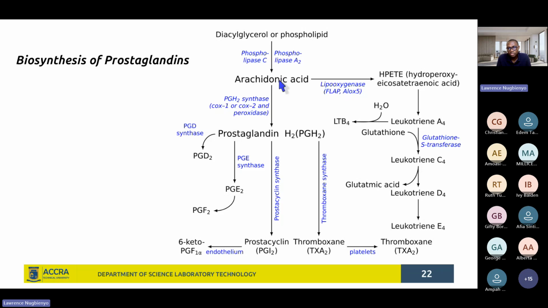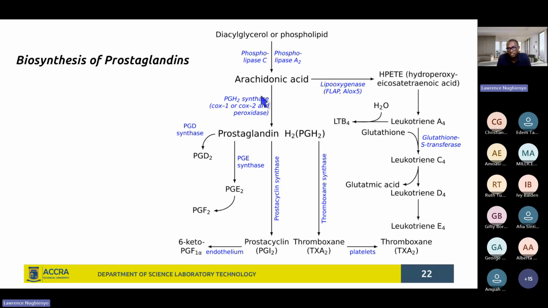Arachidonic acid has 20 carbons in it. So if you have a diacylglycerol phospholipid, the phospholipase enzymes act on these diacylglycerols to form arachidonic acid.